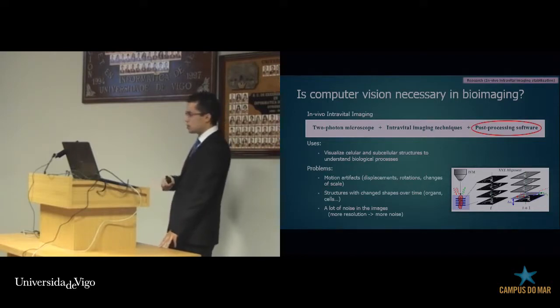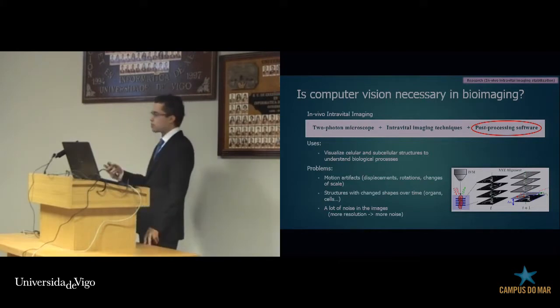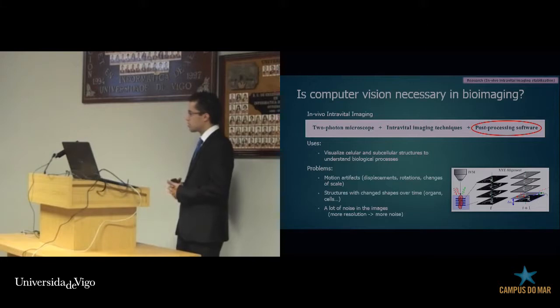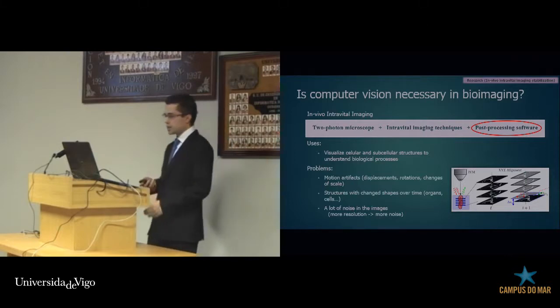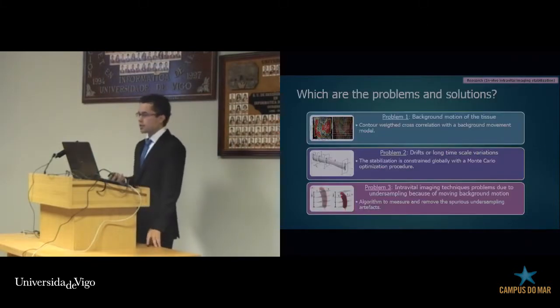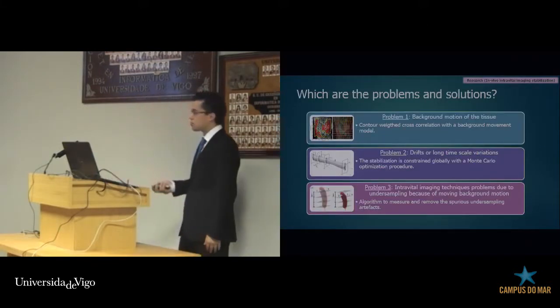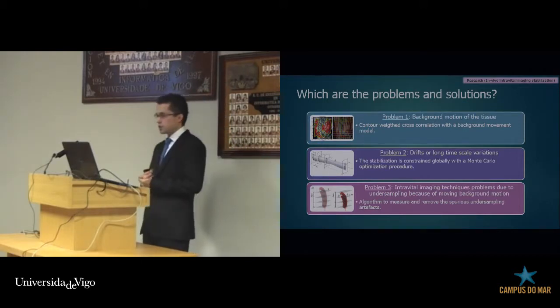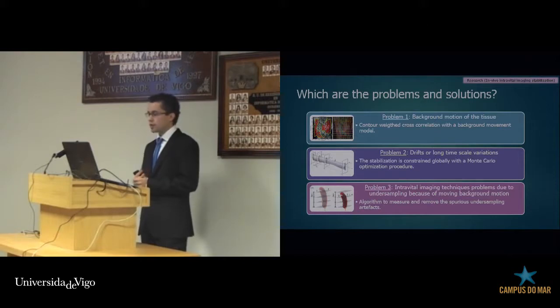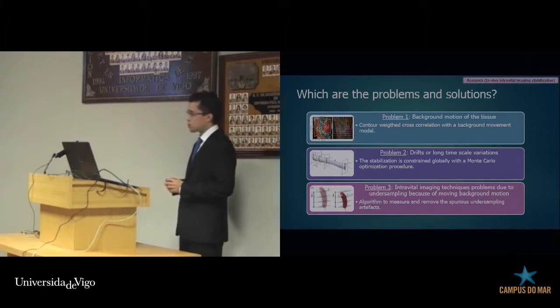So not only the two-photon microscope combined with intravital imaging techniques, which is the way that you are getting those images, you can also use post-processing software to try to improve this data. So which are the problems that we found and the solutions that we propose? Problem one is the background motion of the tissue. For that, we have a contour-weighted cross-correlation with a background movement model.